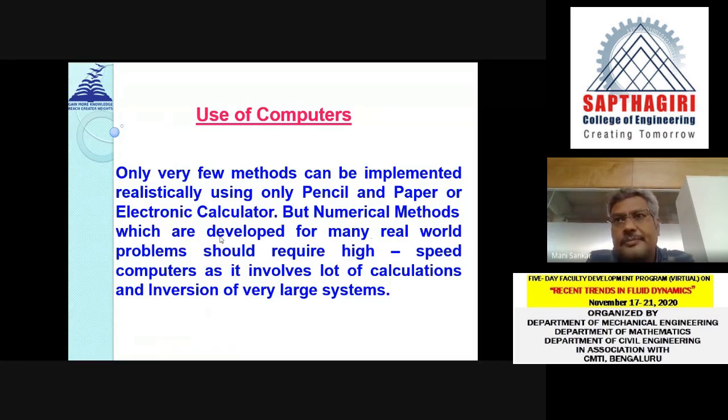Sometimes we may need to solve a very large system of equations, let us say 101 by 101 or 201 by 200 system, depending upon the complexity of the problem that we have undertaken. The inversion of such a large system of equations is highly impossible to do by hand calculations. So in such situations, we may need to go for high speed computers, or at least good computers, to get the solutions of such problems.